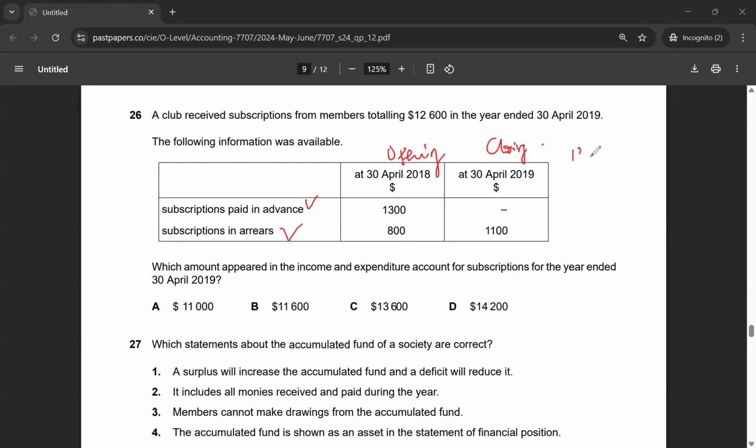All right, so we'll start with 12,600, the total received from the members. So 1,300 must have been received, which were paid in advance. And then we will deduct 800 and then add the current 1,100.